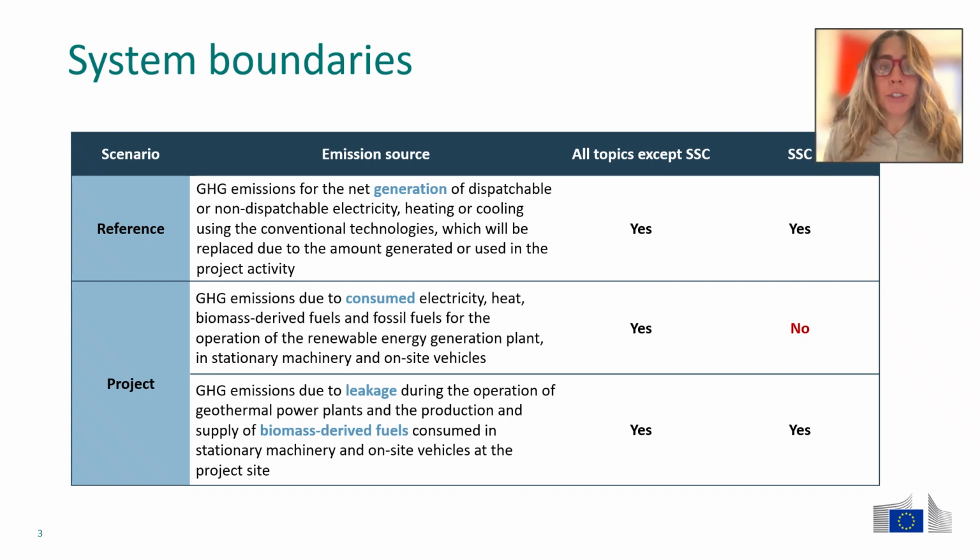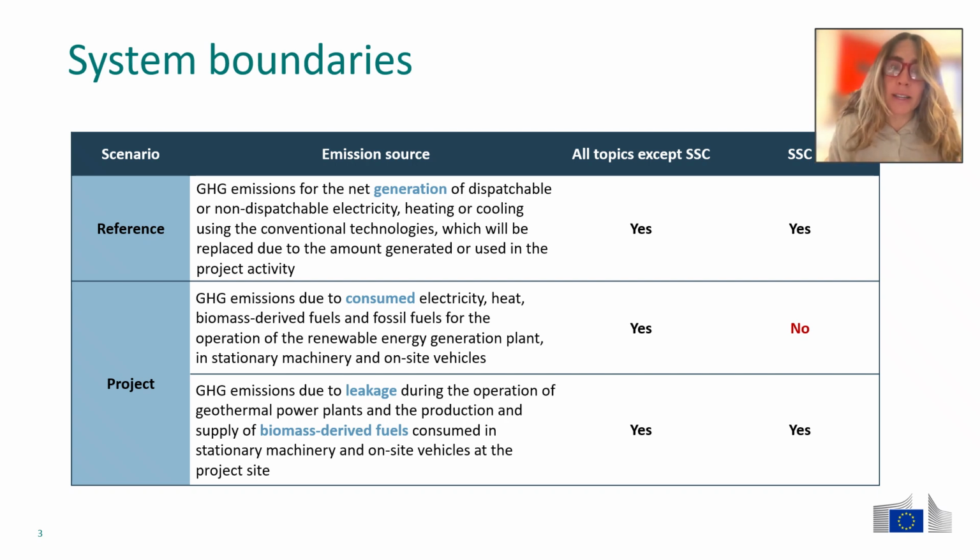As such, to ensure we will receive comparable information for all applications, for renewable energy projects, we have a standardized boundary for the quantification, which means that the methodology presets the emission sources that must be included in the calculation. For the reference scenario, just one emission source has been considered mandatory for inclusion, which represents the energy generation in the absence of the project activity.